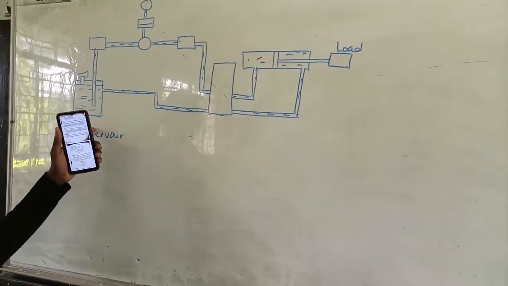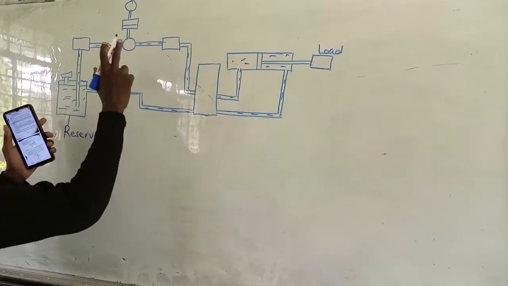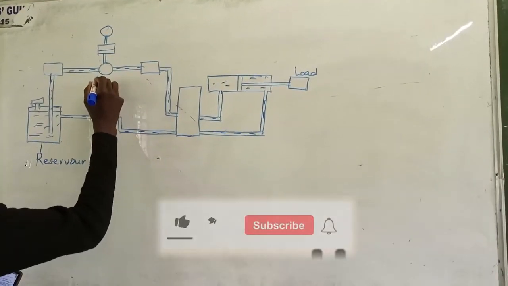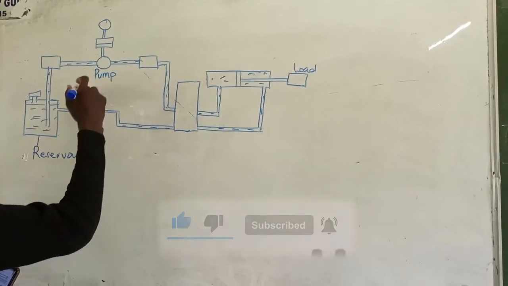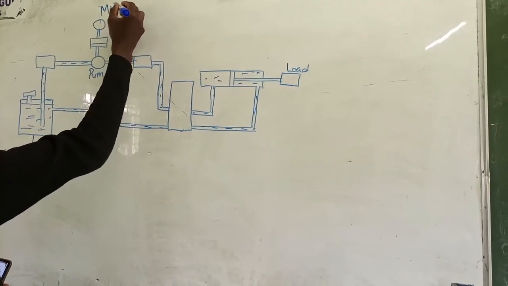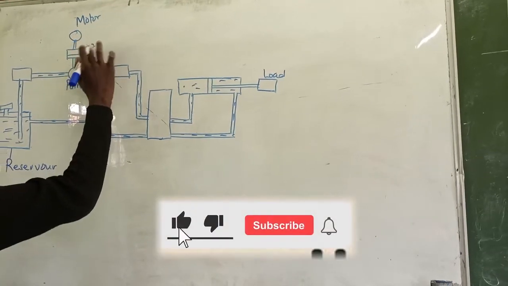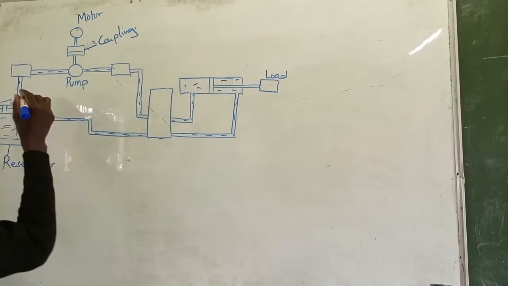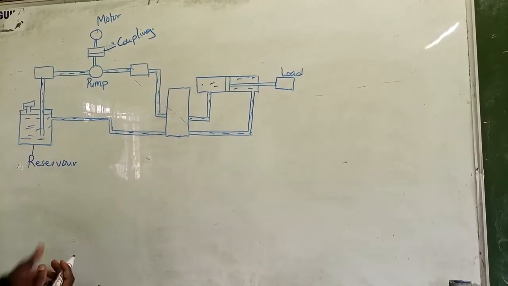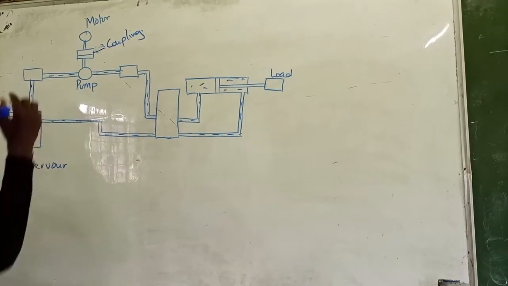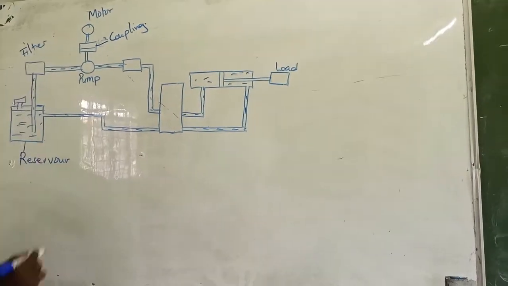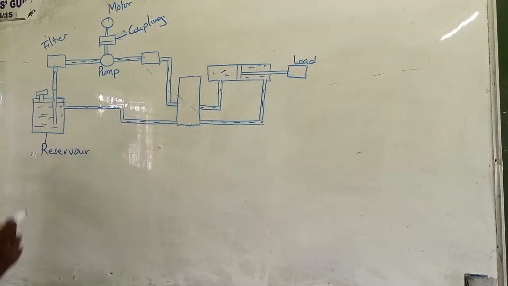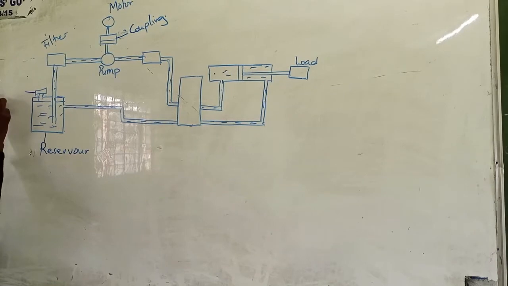The fluid from the reservoir goes through the system by the energy provided by the pump. So this is the pump, and the pump is driven by a motor through this coupling. This is a filter so that our pump is not blocked or spoiled. This is a breather. In case the pressure inside here is too much, it can always breathe.